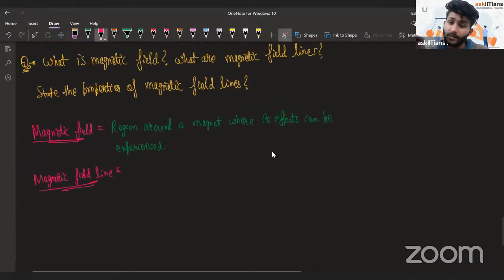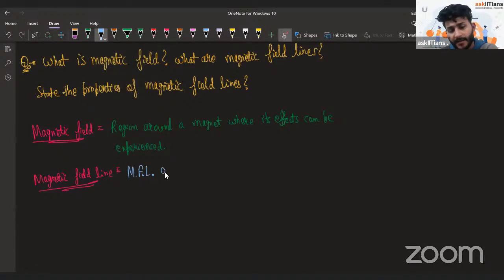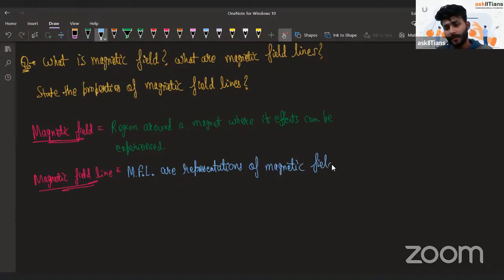Those drawn in region where magnetic fields. No, Ritik, not correct. So guys, basically magnetic field lines, let me write in short, magnetic field lines are representations of magnetic field at a given point.